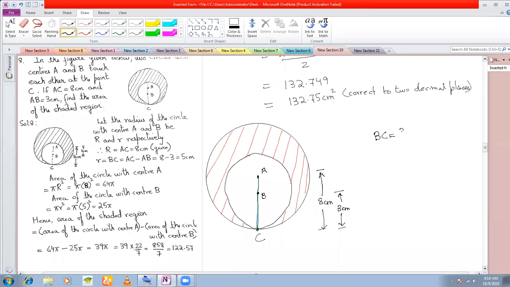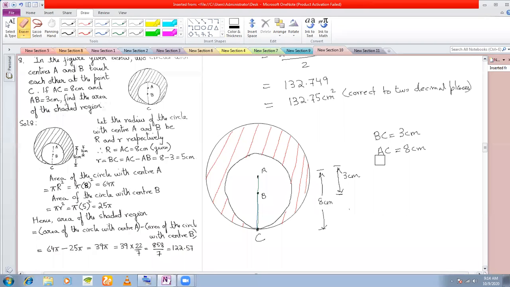BC is given to you as 3 centimeters. My mistake. This radius is not given. AB is given to you as 3 centimeters. That means this distance between the centers is 3 centimeters. If you read the question, AB is given as 3 centimeters.